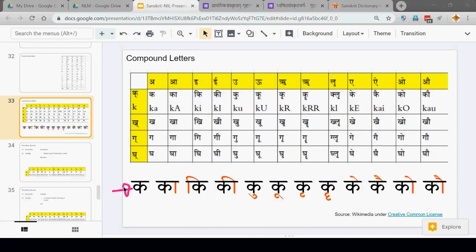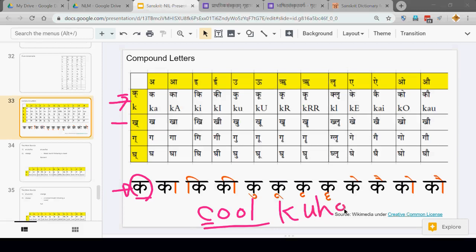Also, when pronouncing this series, the first line, try to avoid that "ha" sound when pronouncing this consonant, because there is a difference between this "ka" and this "kha". In English, when we pronounce this "ka", I have looked up the pronunciation guideline for such words, and there is a "ha" element in it, like when we pronounce the word "cool".